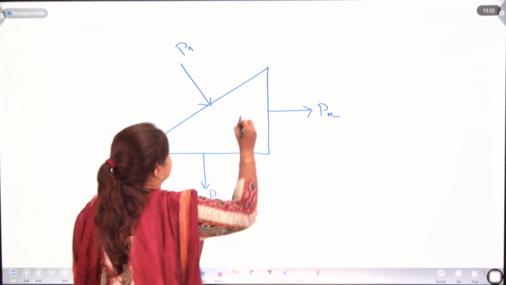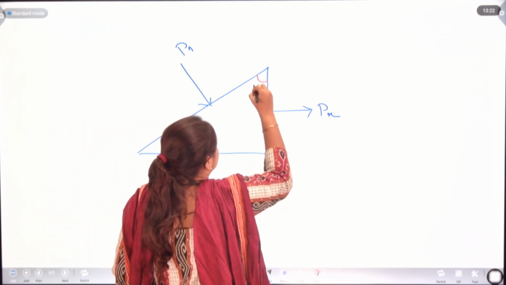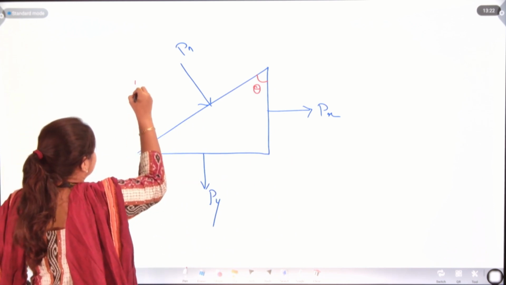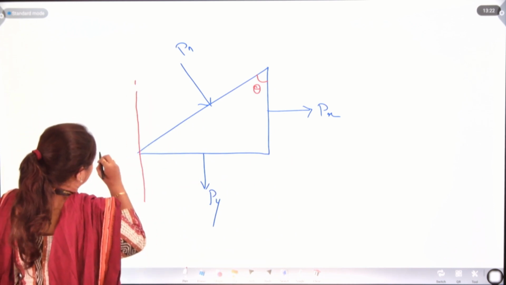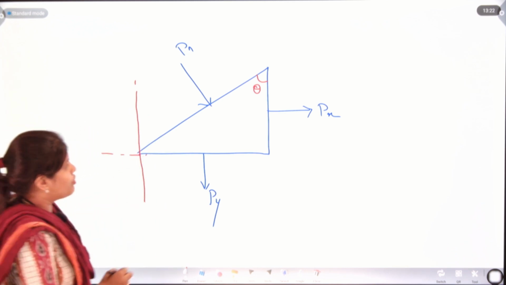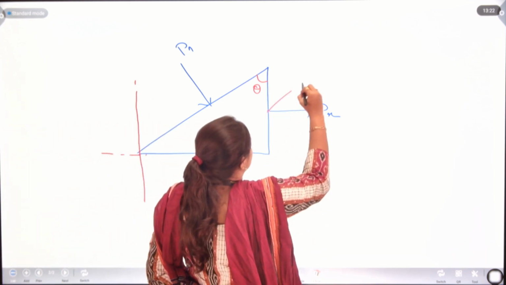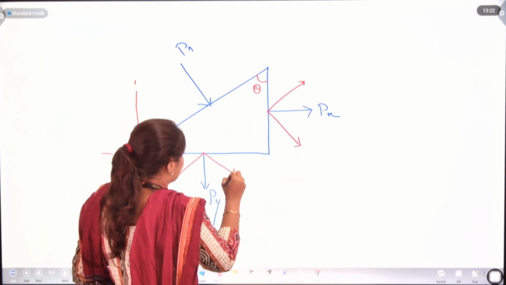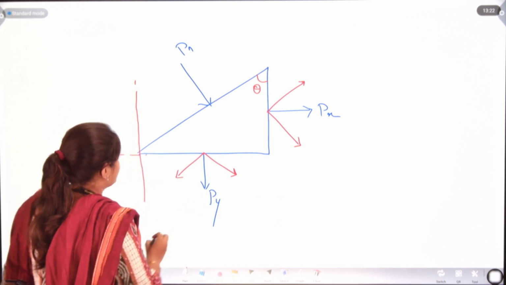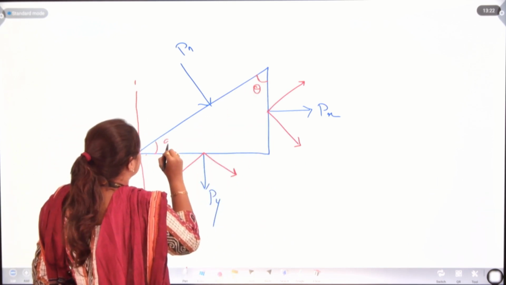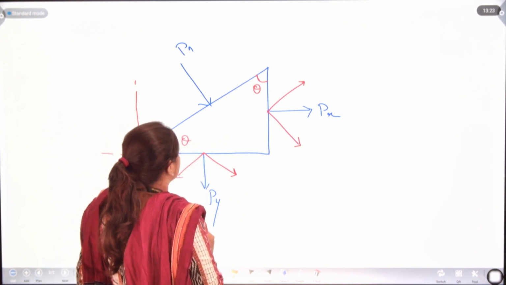So this will be theta, right? If we take the components of Px and Py, here we have theta and here we have 90 minus theta.